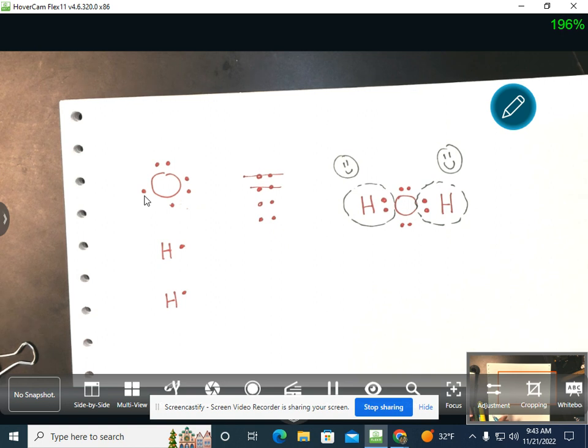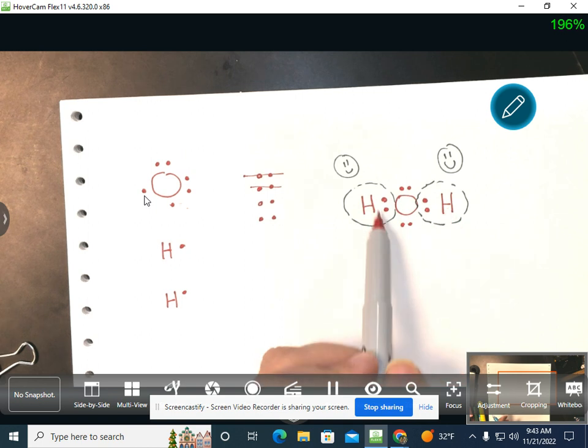So, we drew water the other day. Does water look like this? No, it does not look like this. However, look at the geometry around this oxygen. It's tetrahedral electron geometry, yes?